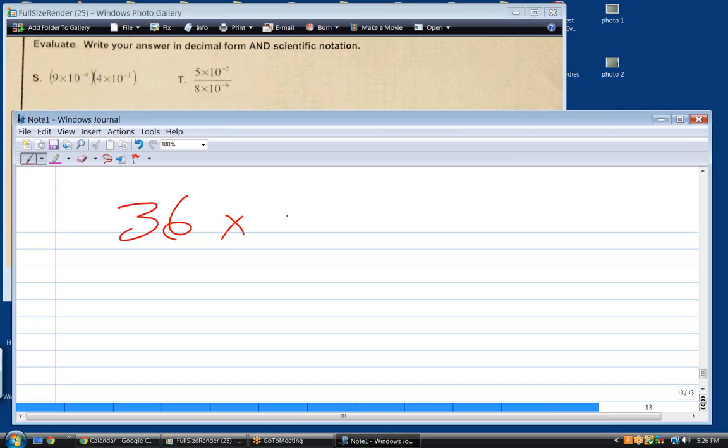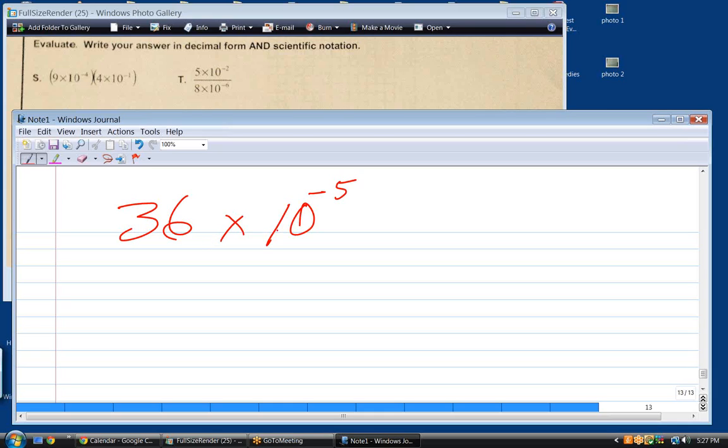Okay. And then add the exponents. In other words, we're multiplying 10 to the minus 4 times 10 to the minus 1. Add the exponents. Okay, right. I get that.